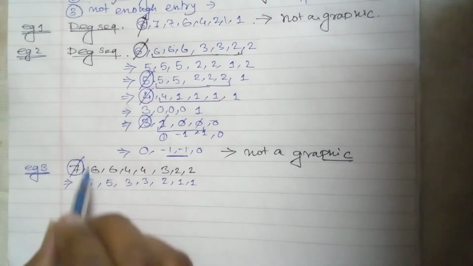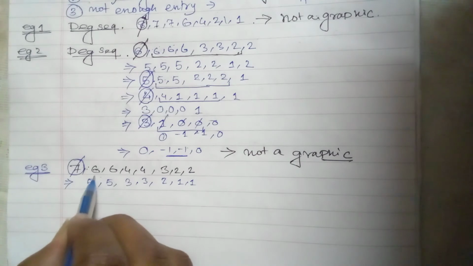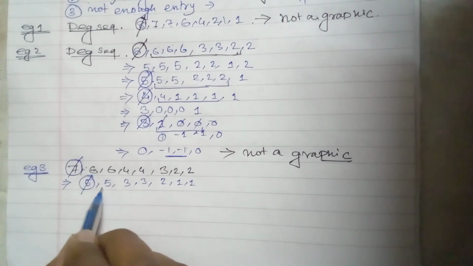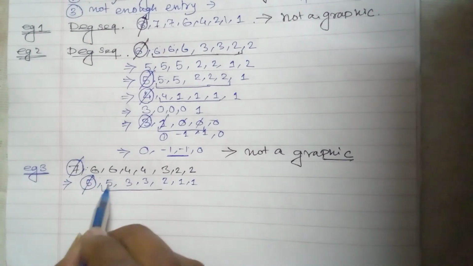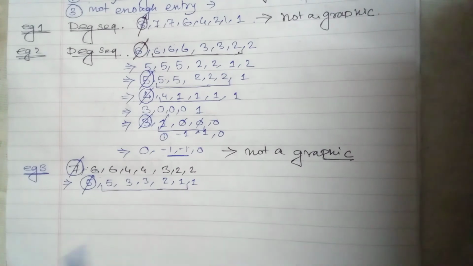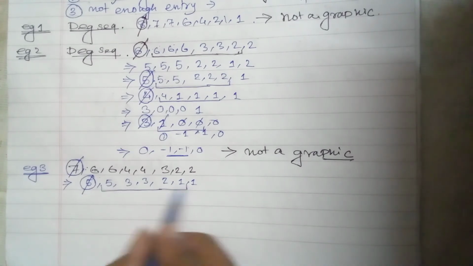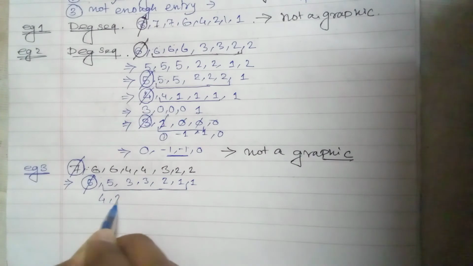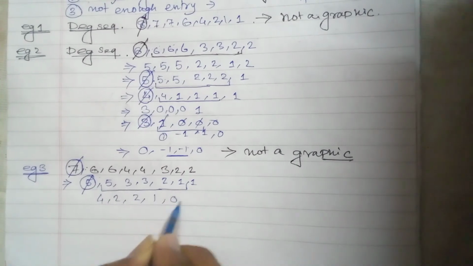Next, this is not a stop condition, so we go for another iteration. Delete the first vertex, select the next 5 vertices and subtract 1 from them. So this is 4 2 2 1 0 1.